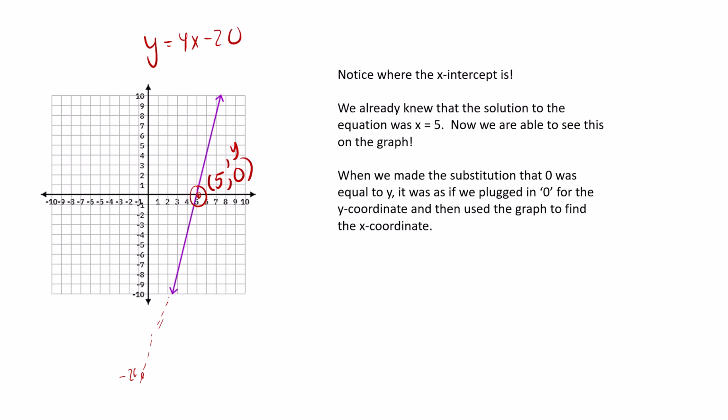So we're going to set y equal to 0, and then we're going to use the graph to figure out what the x value must be, and the x value must be 5. In summary, the solution to the equation is the x-intercept whenever you replace the 0 with a y.